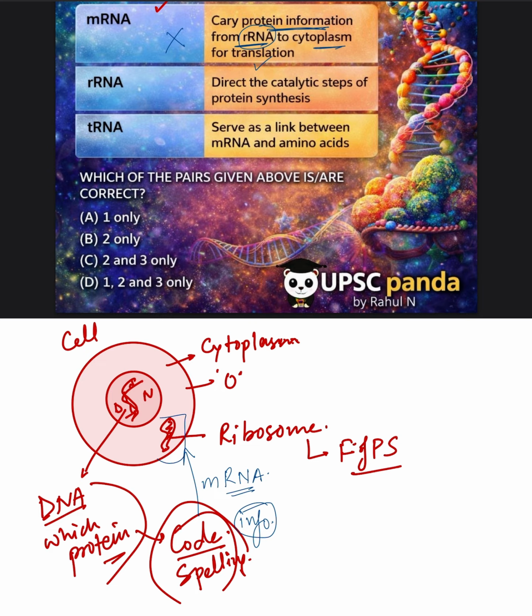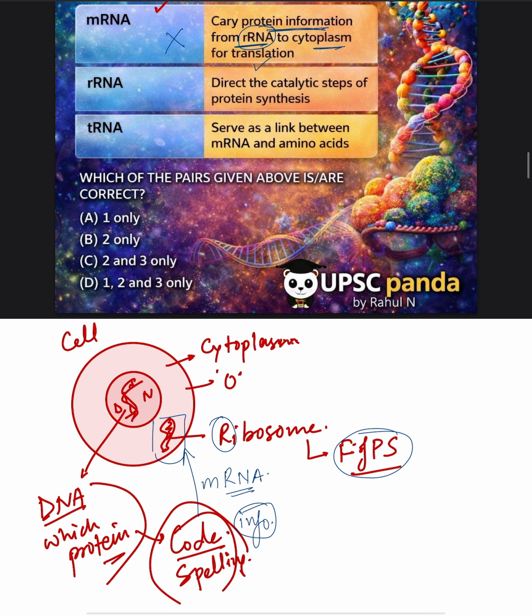Now come to the next, rRNA. This ribosome is the factory of protein synthesis. A ribosome itself has some RNA that is called rRNA.